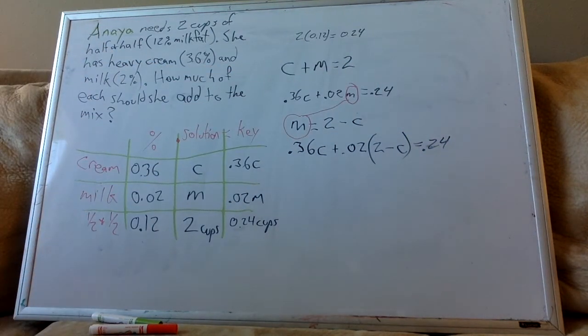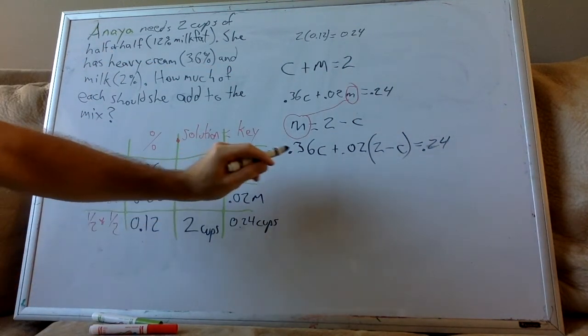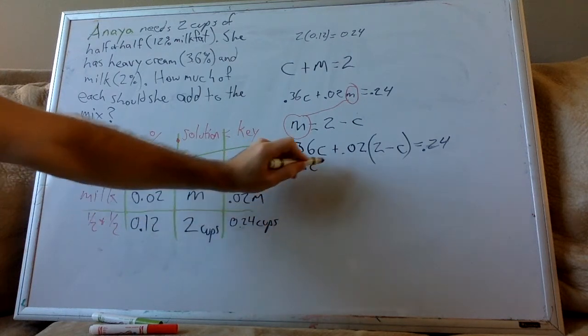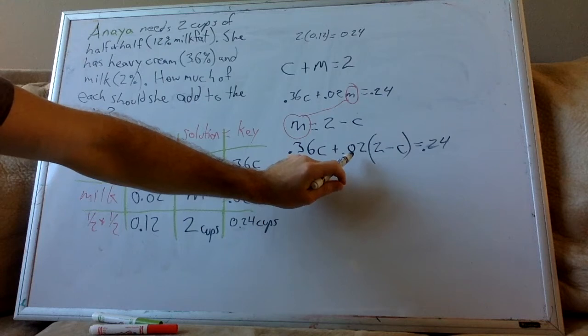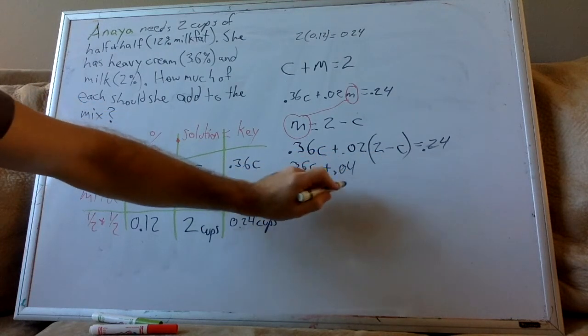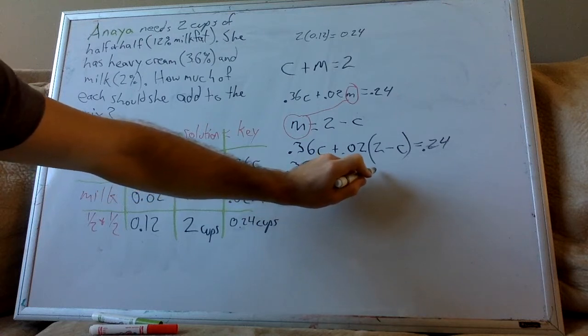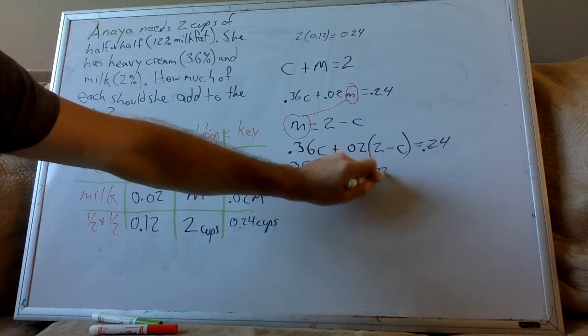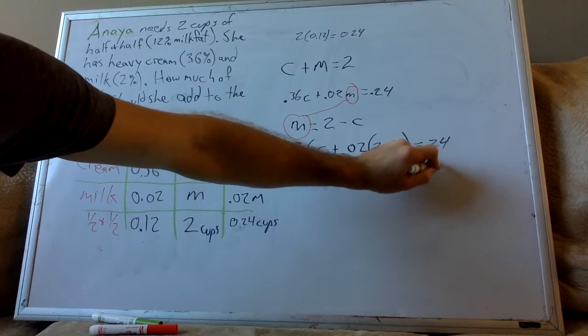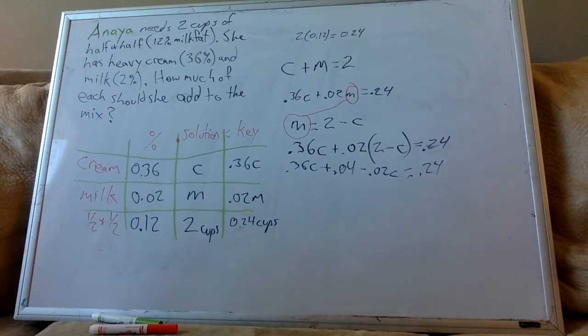All right, now we can simplify a little bit. I've got 36 hundredths C plus, when I multiply these, 0.04, and then I subtract 2 hundredths C, and I still have 0.24 over here.